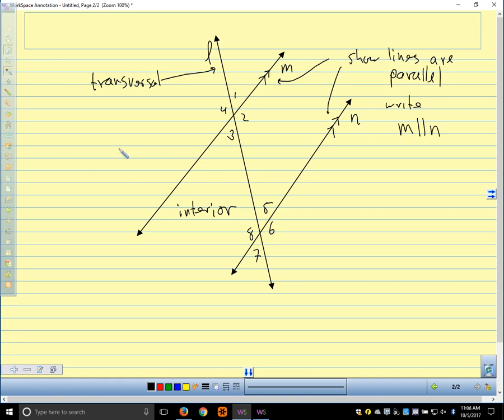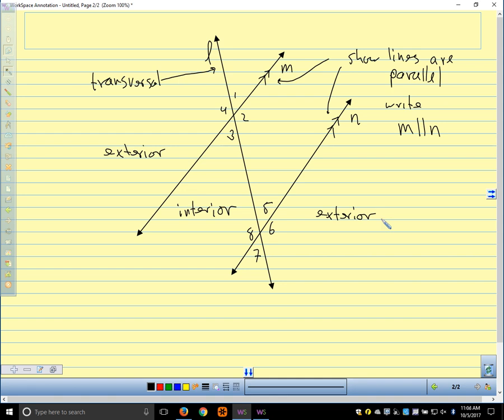Outside the parallel lines, we call the exterior. So out here is the exterior, out here is the exterior. All right, so we all have those little details that we can put on our graphic organizer.